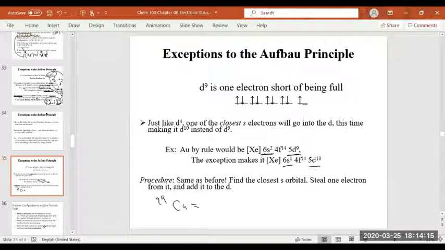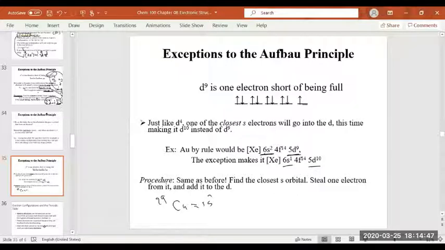This exception happens only between s and d, at least right now. We have some exceptions between d and f and s and f, but right now your class just focuses on this exception between s and d, because there is overlapping in the level of energy. They are close to each other in energy, and that's why it happens. So it's going to be easy for the electron from s to move to d.